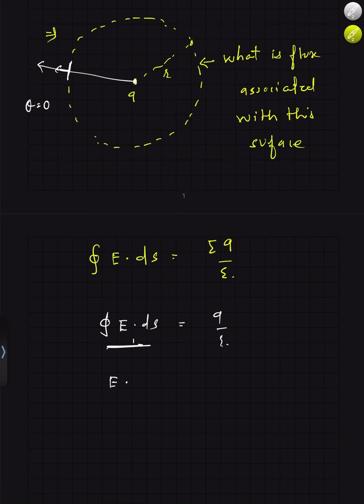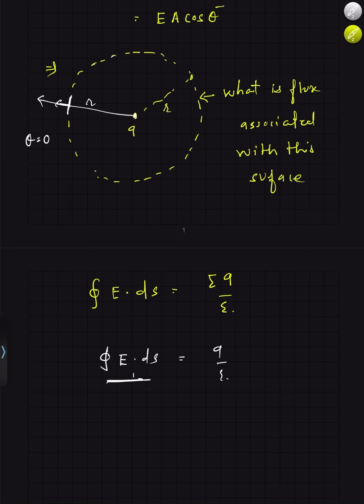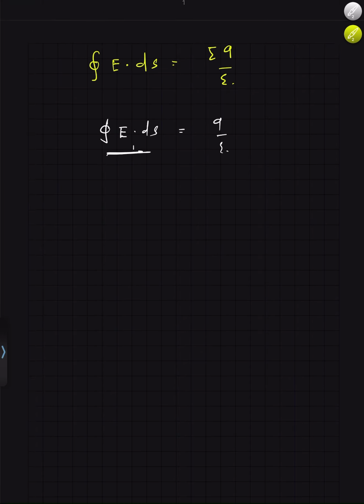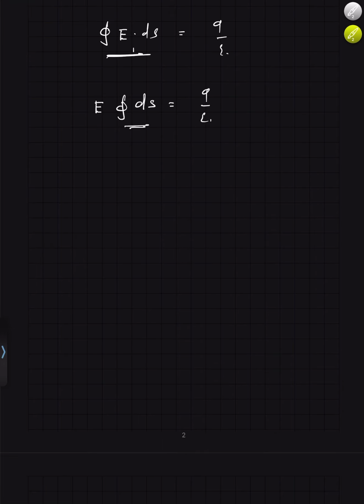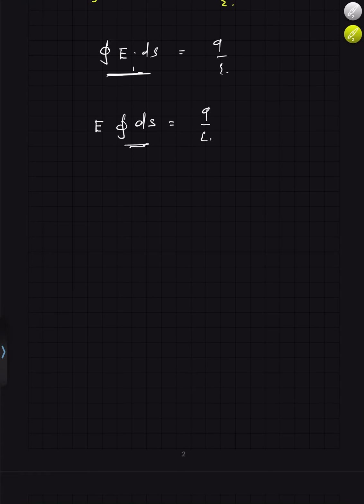If someone asks what is the electric field at that point r, all points on the surface are at equal distance from the point charge, so the electric field is constant and comes out of the integration. So E times the closed surface integral equals q by epsilon naught. The surface integral is the surface area of the sphere, so E times 4 pi r square is equal to q by epsilon naught.